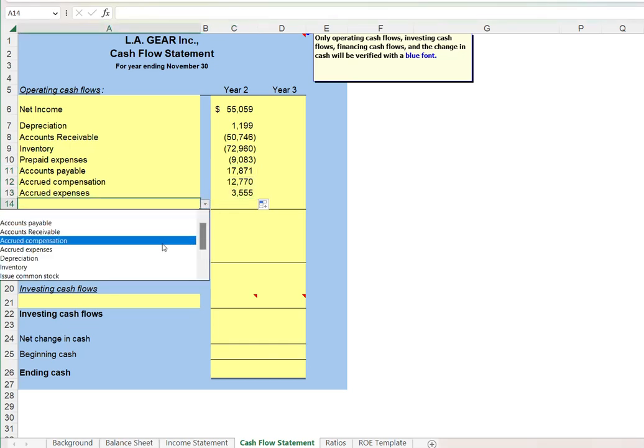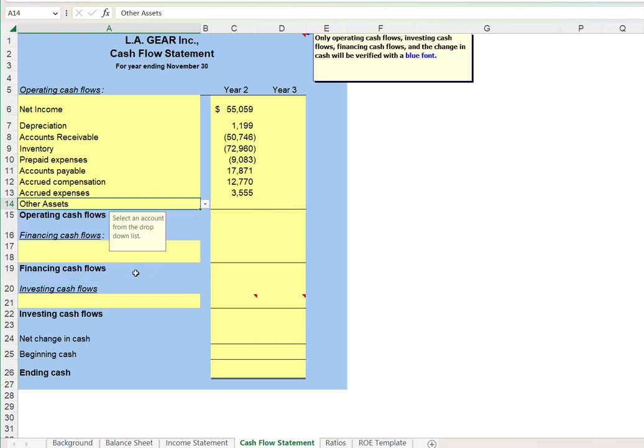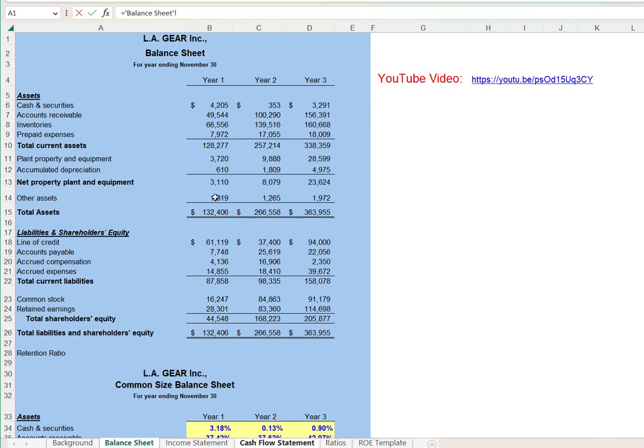So let's come to our cash flow statement. Other assets. Go to our balance sheet tab. Other assets went up from 1,019 to 1,265. So we've invested additional money. We've had a cash outflow, so we want a negative number.